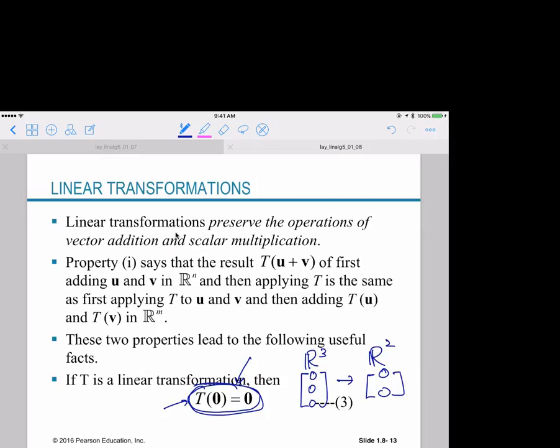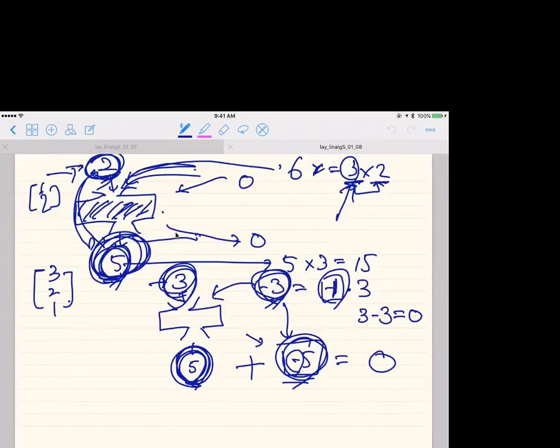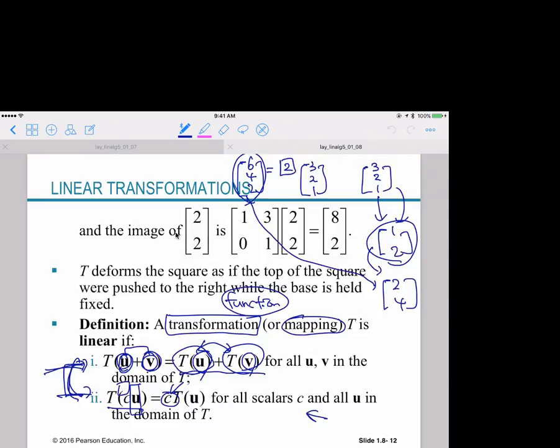Okay, so again, let's think about the transformation that maps a vector into another vector. For example, the domain is R3 and the codomain is R2, and this transformation is sending a three-dimensional vector into some two-dimensional vector.